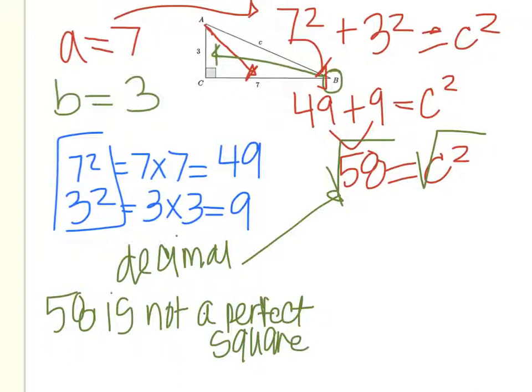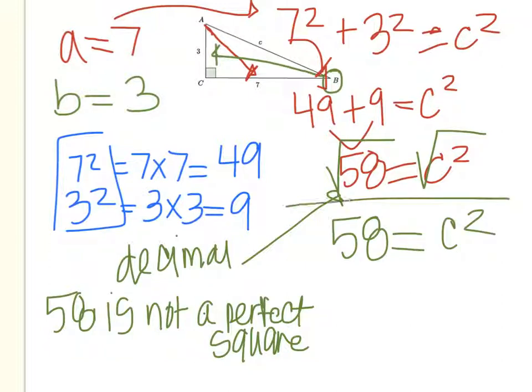Next week, we're going to actually figure out what numbers it would be between. Today, what I want you to do is just leave your answer 58 equals c squared.